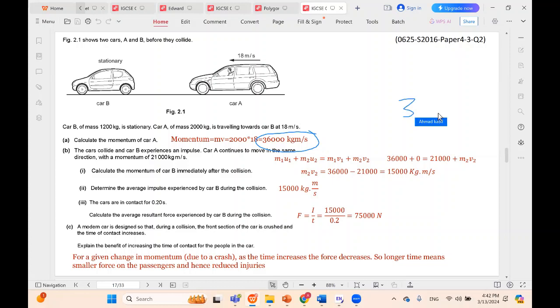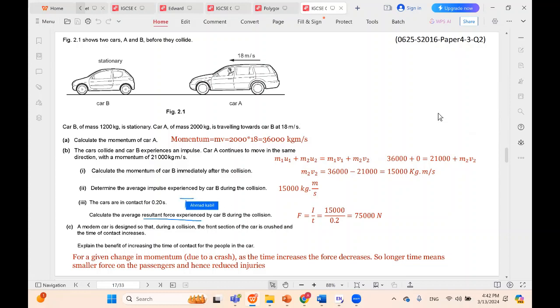The 36,000 before the collision are distributed among A and B. If A has 21,000, then B must have 15,000 so as to complete the initial 36,000, because momentum is conserved. Now, since B was initially at rest, the impulse is equal to the final momentum, which is 15,000 kilogram meters per second.